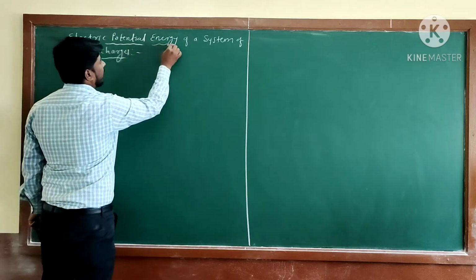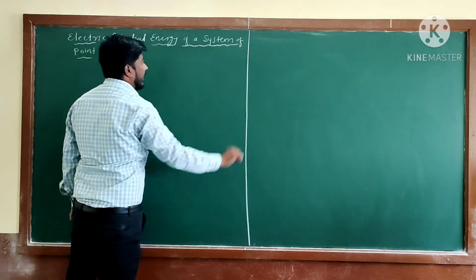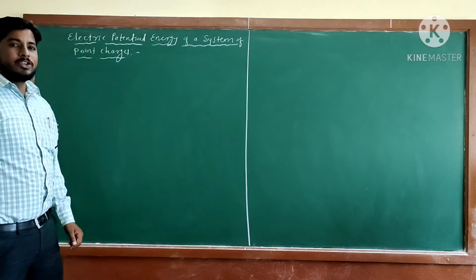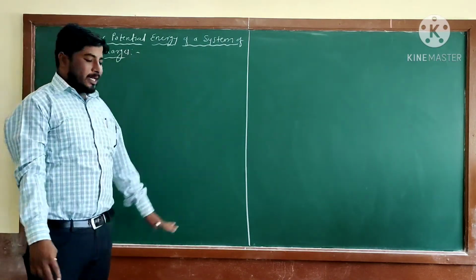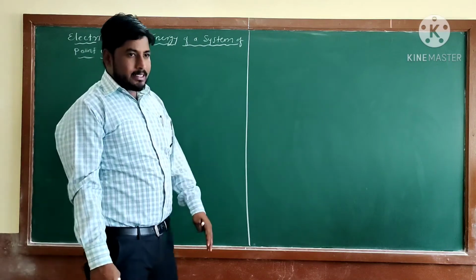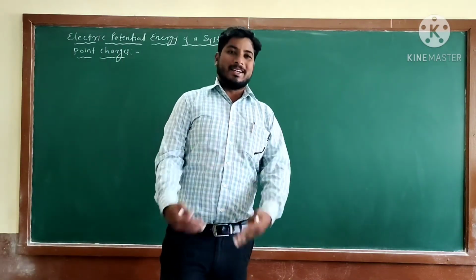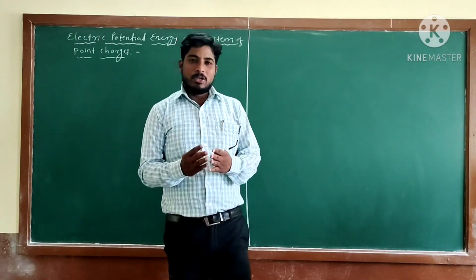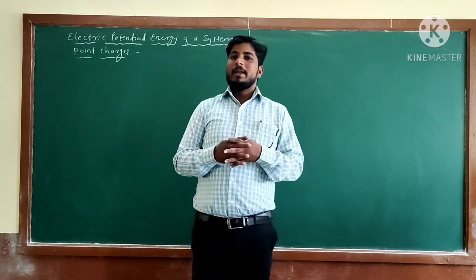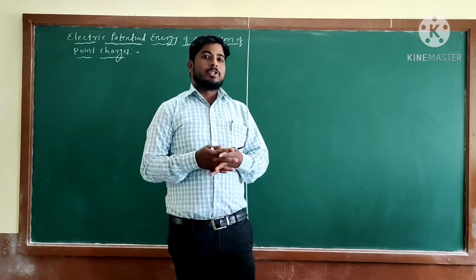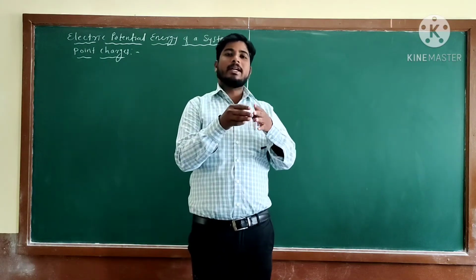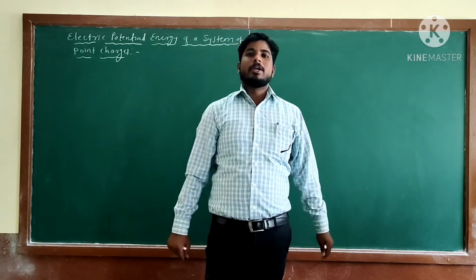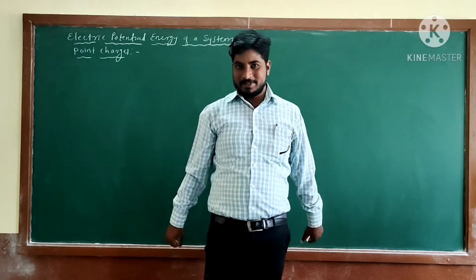So the potential energy of the system of point charges is the amount of work done in bringing the charges from infinity to their present configuration, to their present locations.